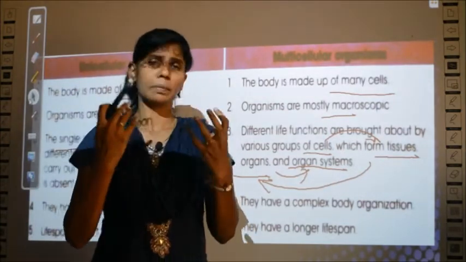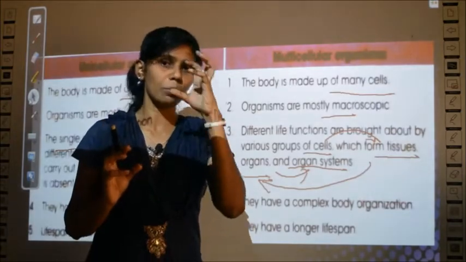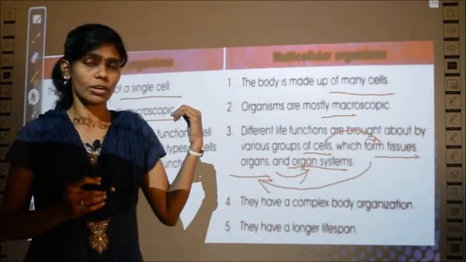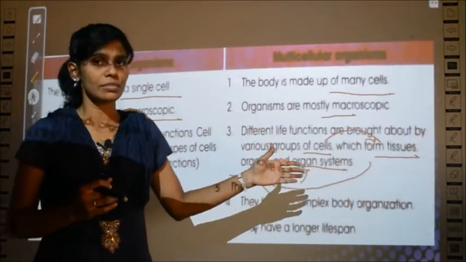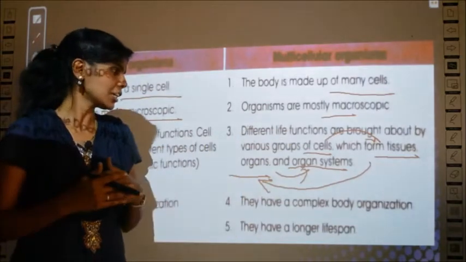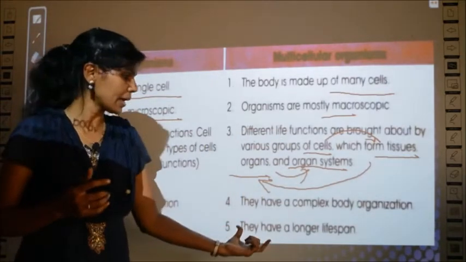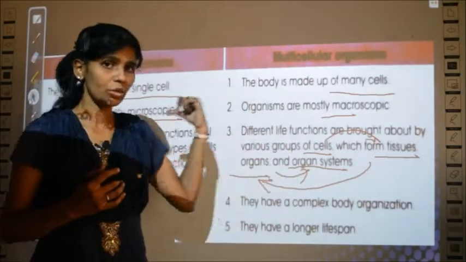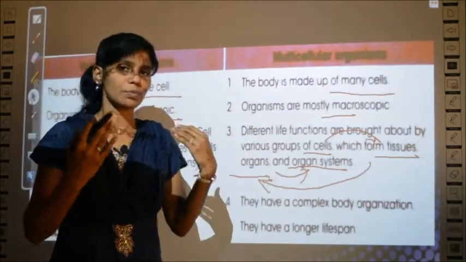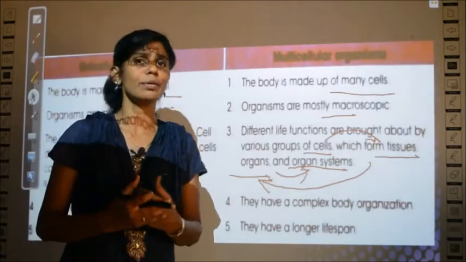They have a maximum of a vacuole, a ball-like structure, or small organelles. This we have already studied. Multicellular organisms have complicated organs and organ systems, and their lifespan is longer.